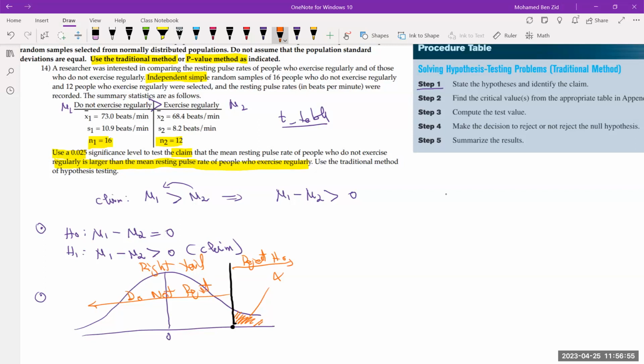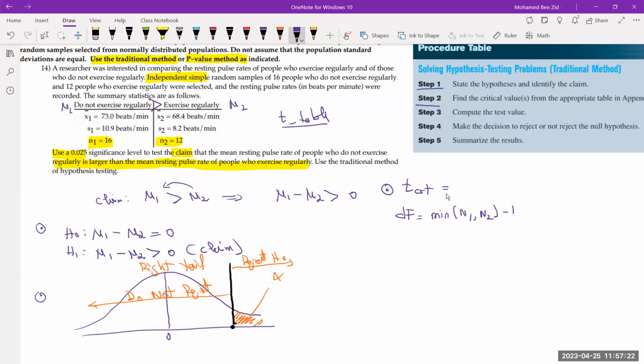Okay, so now step number 2, we want to find the critical value. So this is T critical. In order to get the T critical, I need the degree of freedom. So the degree of freedom is going to be the minimum of N1 and N2, minus 1, right?